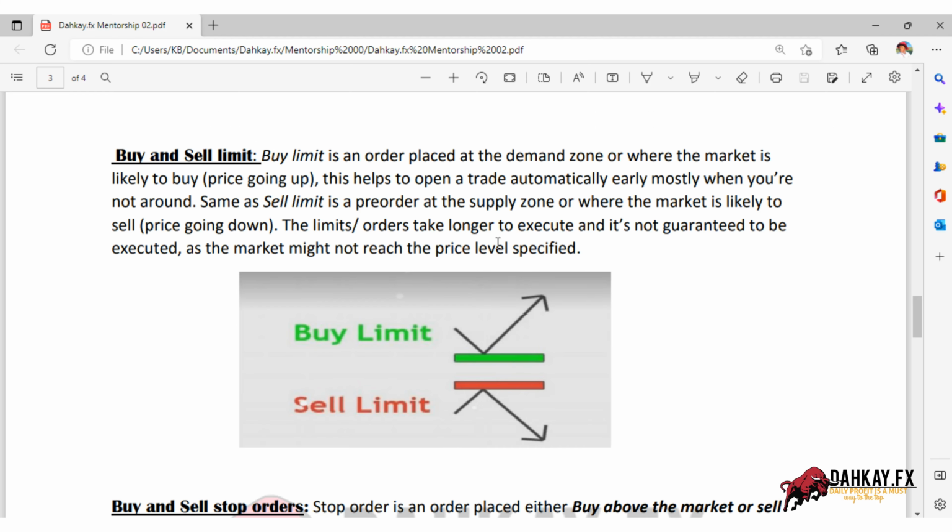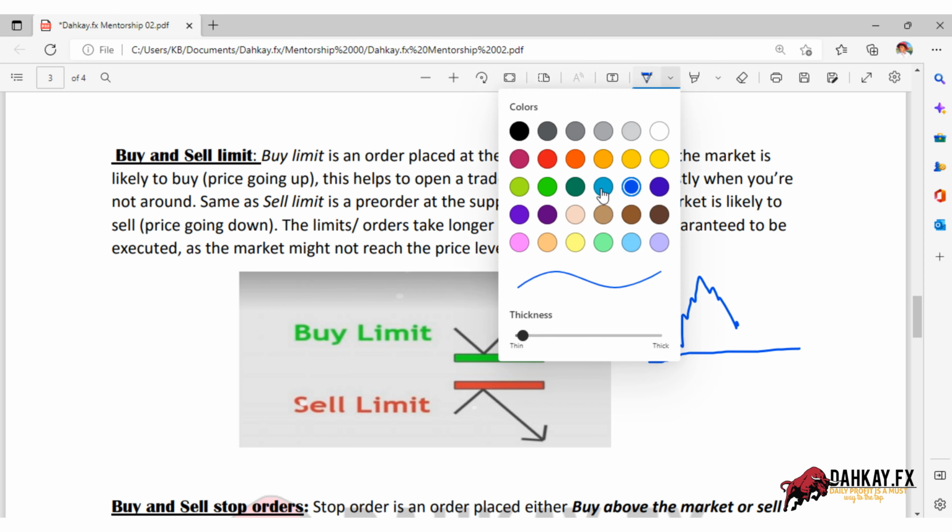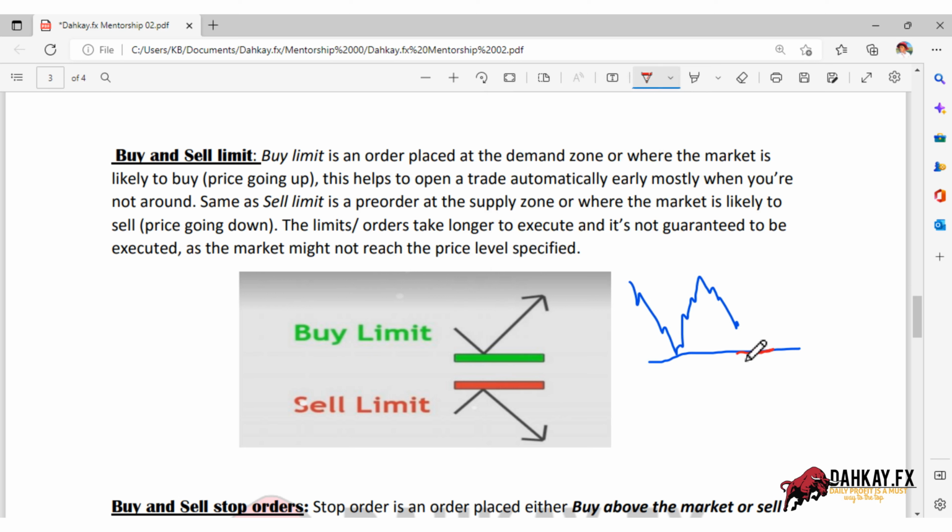So for example, if you have seen that the market on previous movements was returning at this level, and you can see that it's on its way down to this level, you will set your buy limit at this point, at this support. This is what we call a support.